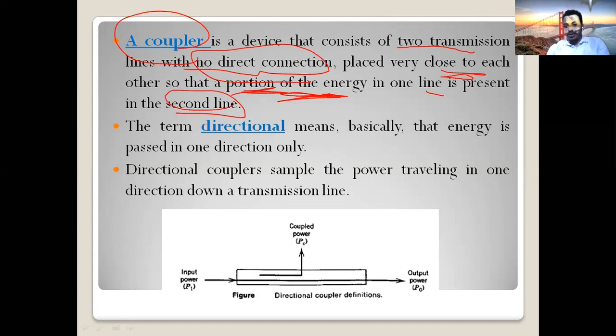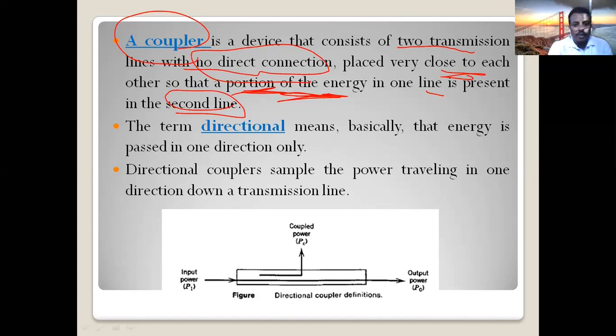When you open a coupler, there is nothing there but 2 wires very close to each other, no physical contact, no direct connection. If you apply a signal in one cable, a small portion of energy will be transferred to the second line by a process of coupling. That's why we call it a coupler.